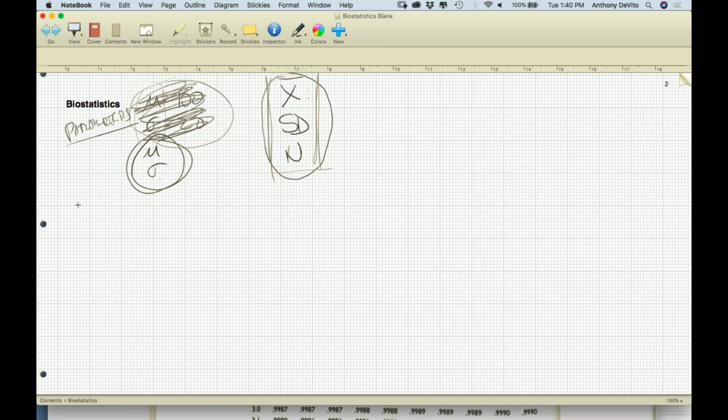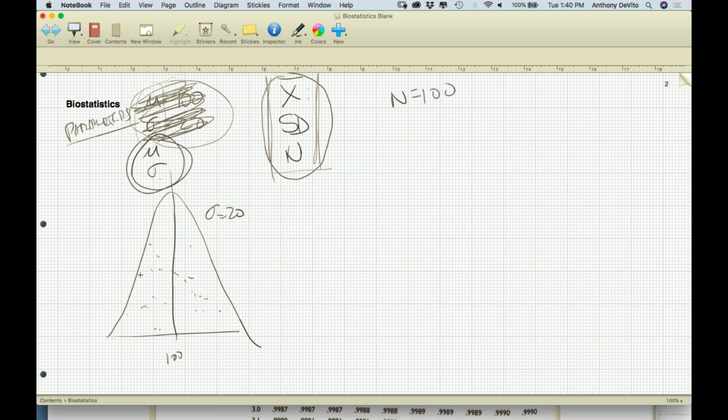So the idea here is that if I take my population, mean is 100, standard deviation is equal to 20, and I randomly sample that population, I'm going to say I take 100 people. My sample size is equal to 100, a pretty big sample.